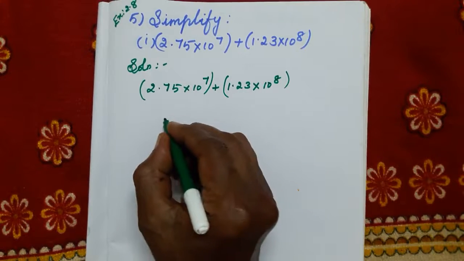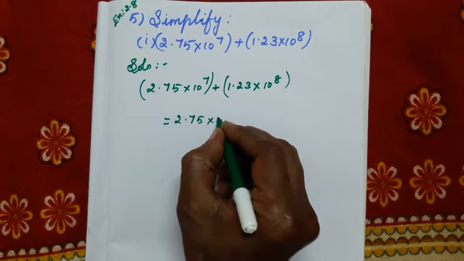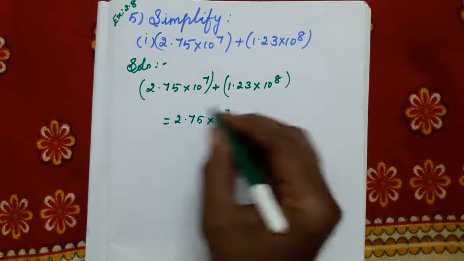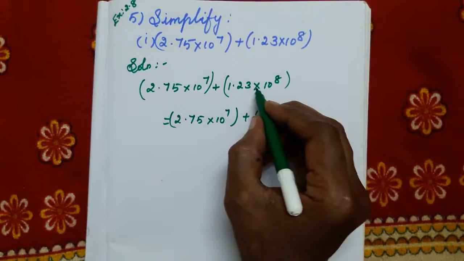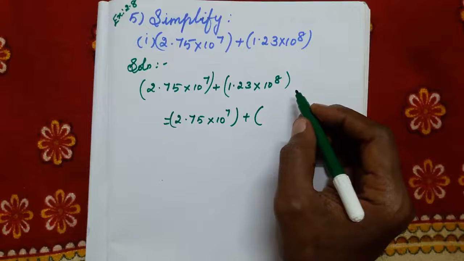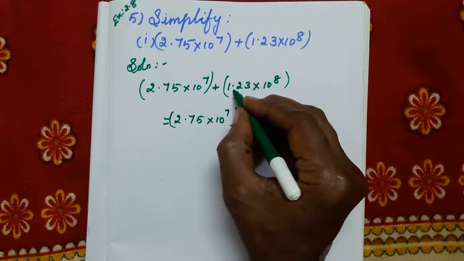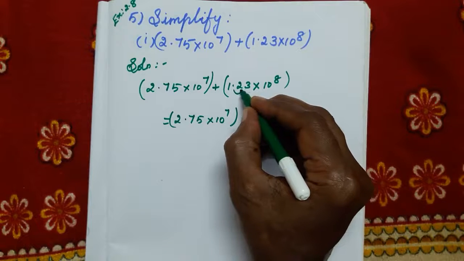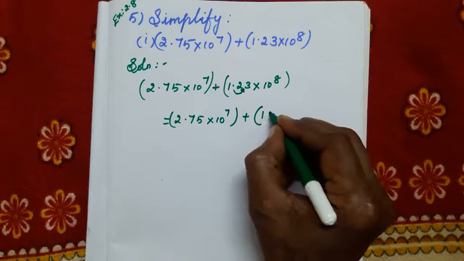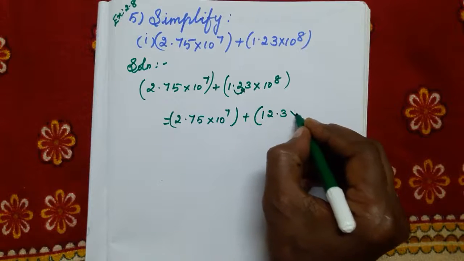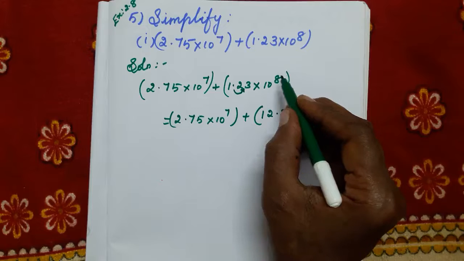First I am writing this number 2.75 into 10 power 7 the same. Next plus this one, 1.23 into 10 power 8. If you are moving the decimal place one digit right, we can write 12.3 into, here the power will decrease.